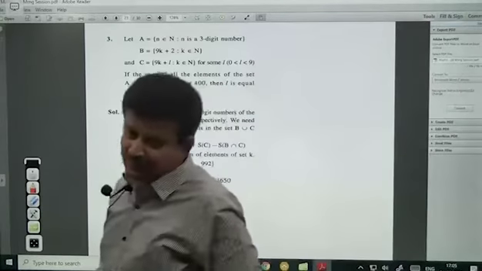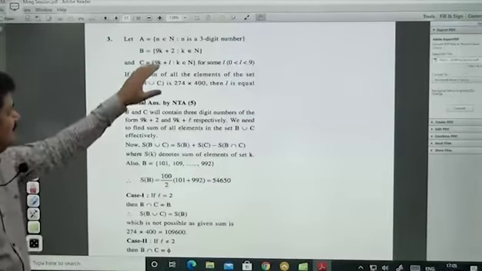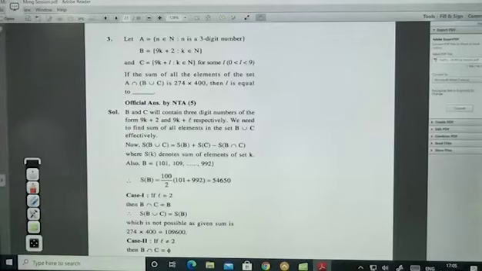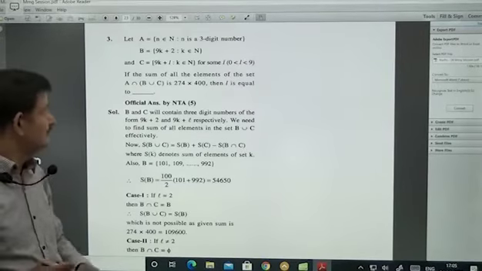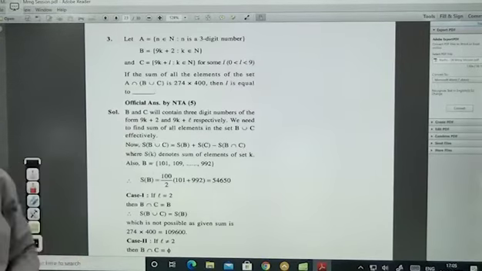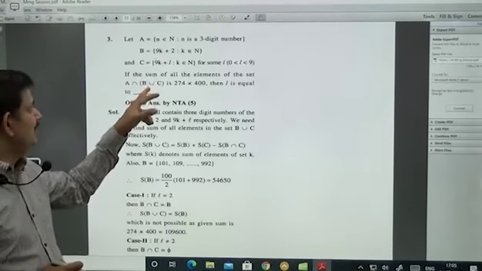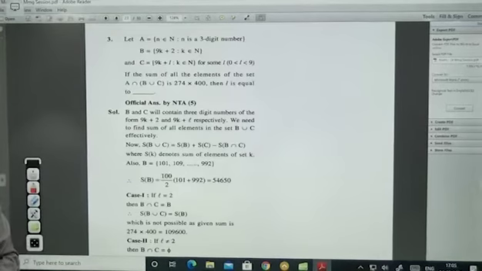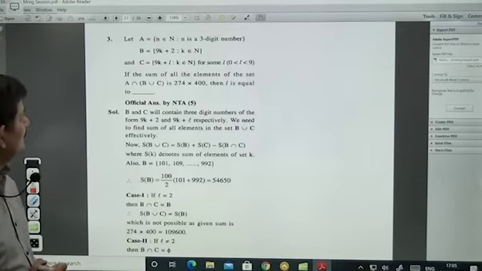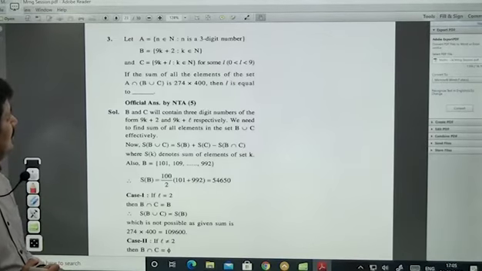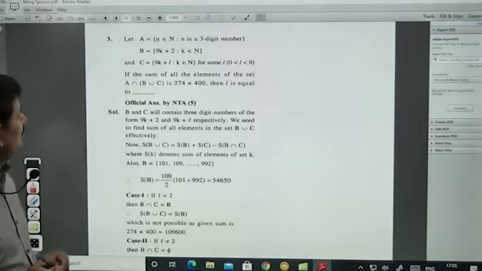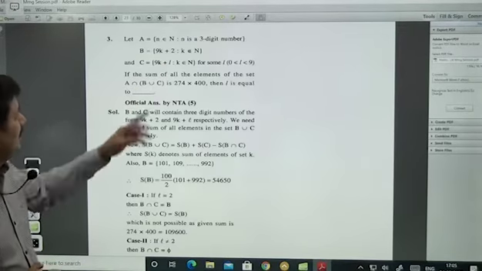A intersection. B is what? Numbers of the form 9k plus 2. So how many numbers will be there of the form if L is 2? Let's say L is 2. How many 3-digit numbers will be of the form 9k plus 2?